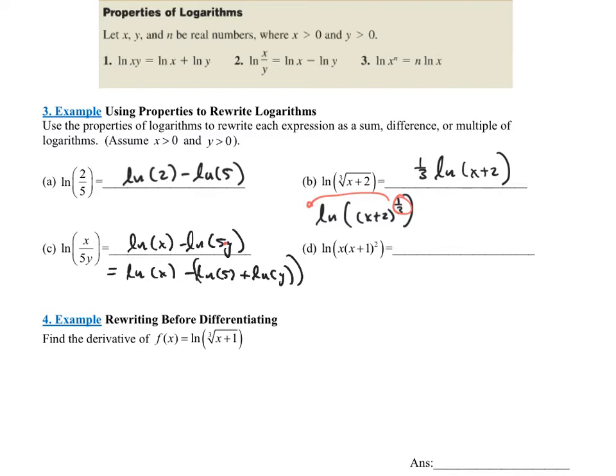I've told you numerous times this semester that one of the biggest mistakes is distributing that negative sign. So natural log of 5 plus natural log of y is the natural log of 5y. I agree with that, but we do have to distribute the negative. So this would be the natural log of x minus the natural log of 5 minus the natural log of y. That would be the actual answer that we're looking for. Finding the derivative of each one of those terms would be significantly easier.